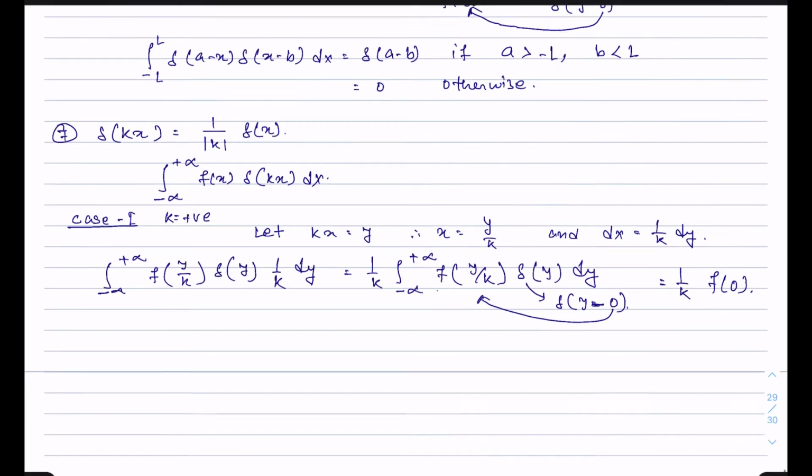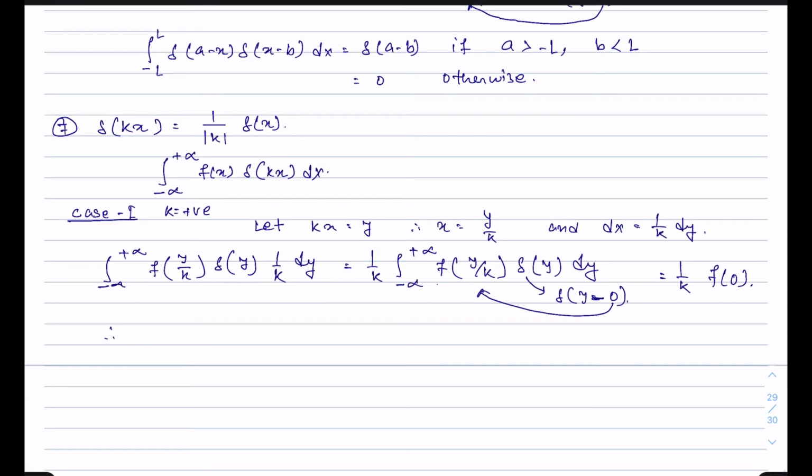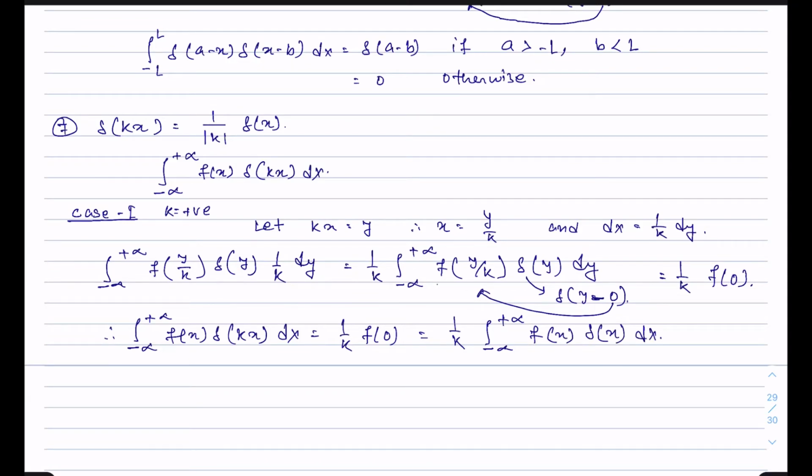Therefore, integration from minus infinity to plus infinity f of x delta kx dx is 1 over k f of 0. Again, you can represent this f of 0 as integration from minus infinity to plus infinity f of x delta x dx.